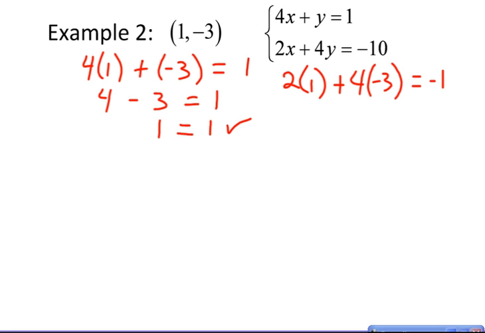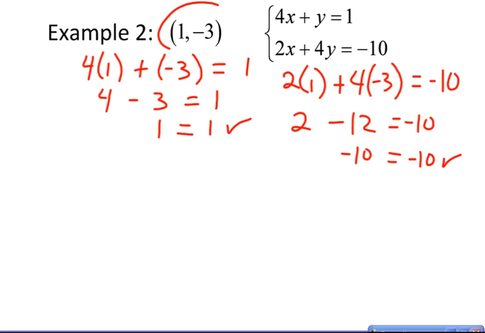Does that equal negative 10? 2 minus 12 equals negative 10. Negative 10 equals negative 10. So this ordered pair is a solution for that system of equations. As long as it works for both, then it works for the whole system.